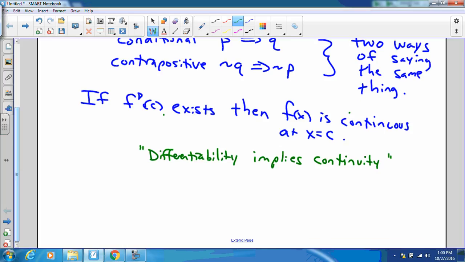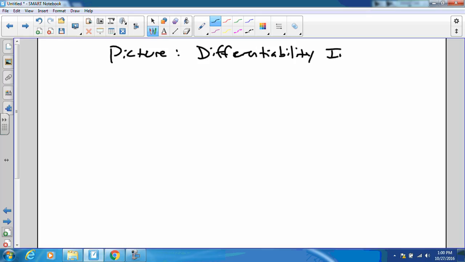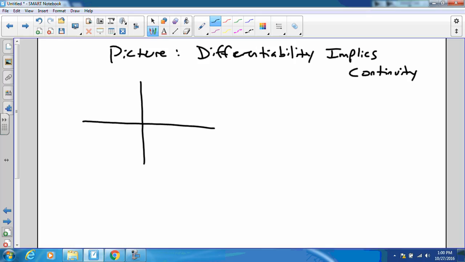Now let me draw you a picture so that we can see what this is talking about, and then we'll do an actual proof. And the picture looks like this. Differentiability implies continuity.